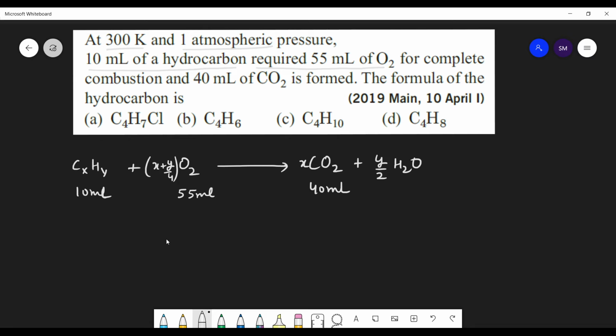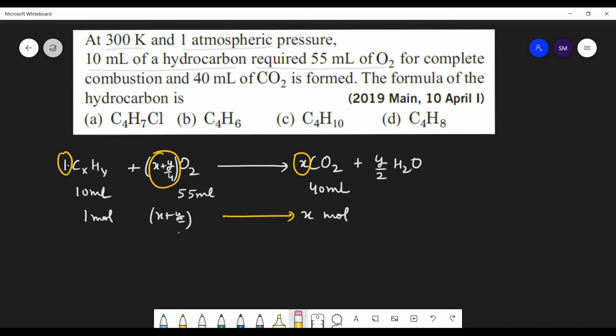So it's standard 1 mole here, and it's X plus Y by 4 moles here, and X moles here. Agreed? So 1 mole of hydrocarbon and these many moles of oxygen give these many moles of carbon dioxide.